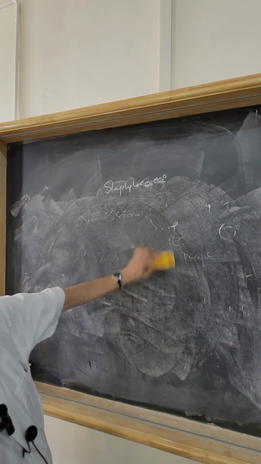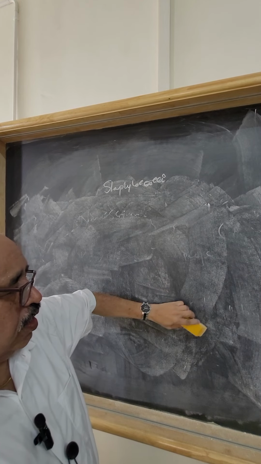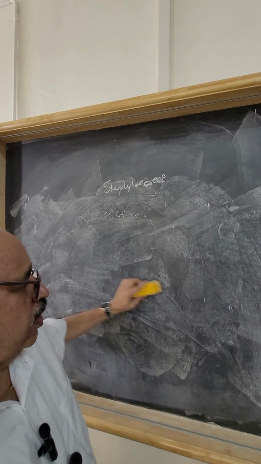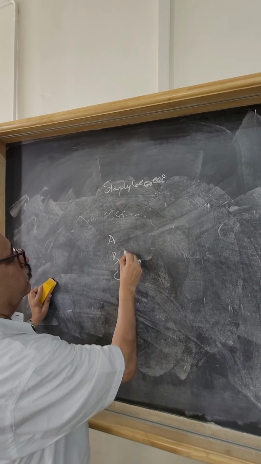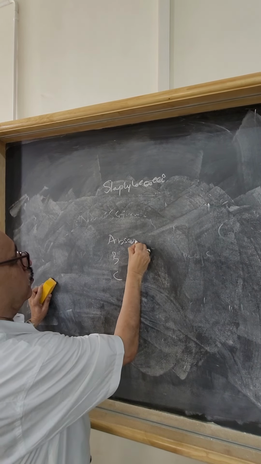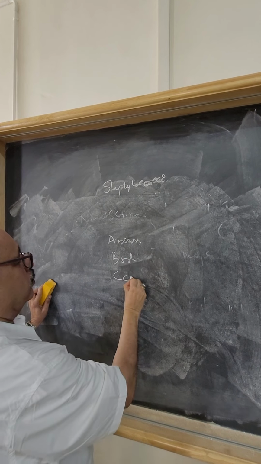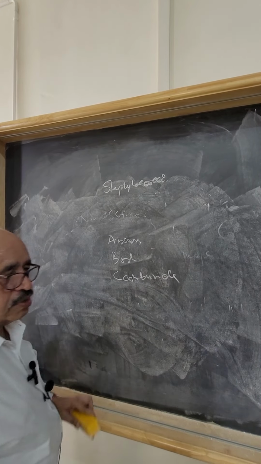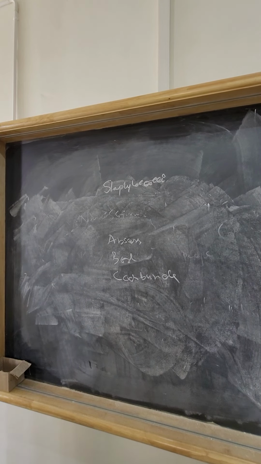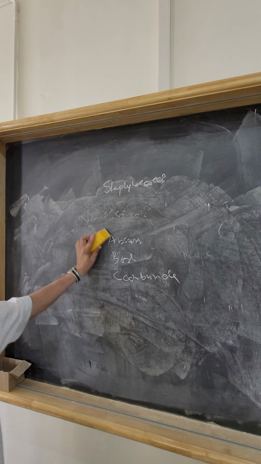Remember, when you are sitting in the viva, they will ask what are the infections caused by it. Suddenly the student becomes blank. They don't know how to answer. Remember at least ABC: abscess, boil, and carbuncle. Please remember this: abscess, boil, and carbuncle.